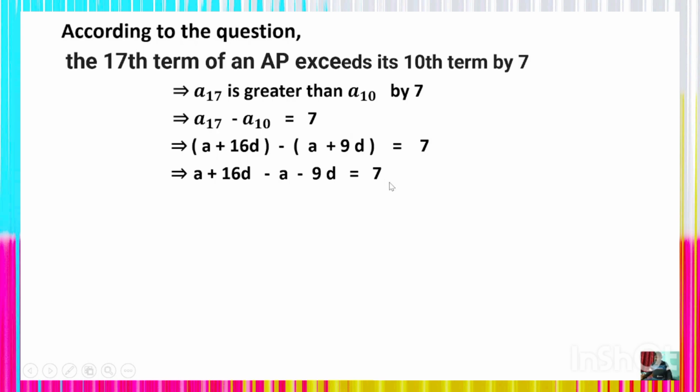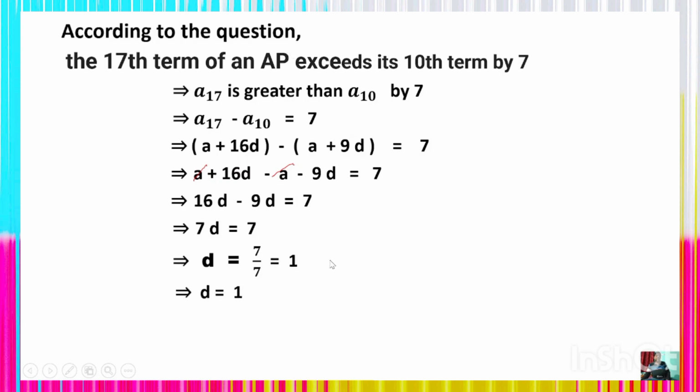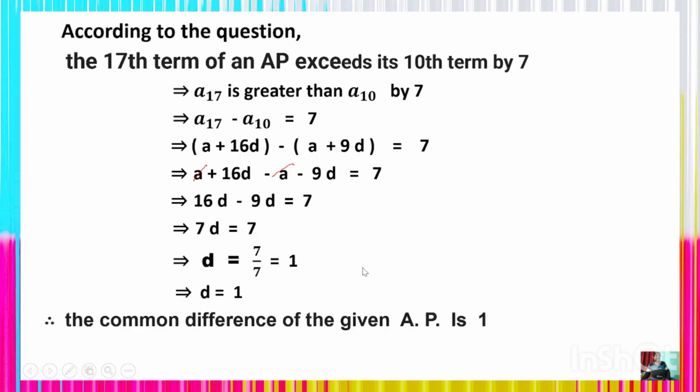Here plus a and minus a cancel. After cancellation, we get 16d minus 9d is 7, which is 7d. So 7d is equal to 7, and d is equal to 7 upon 7, which is 1. Thus, the common difference of the given AP is 1.